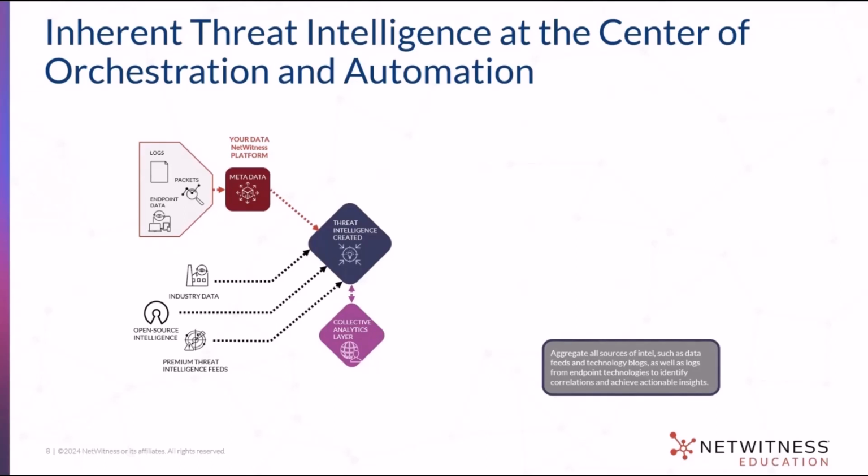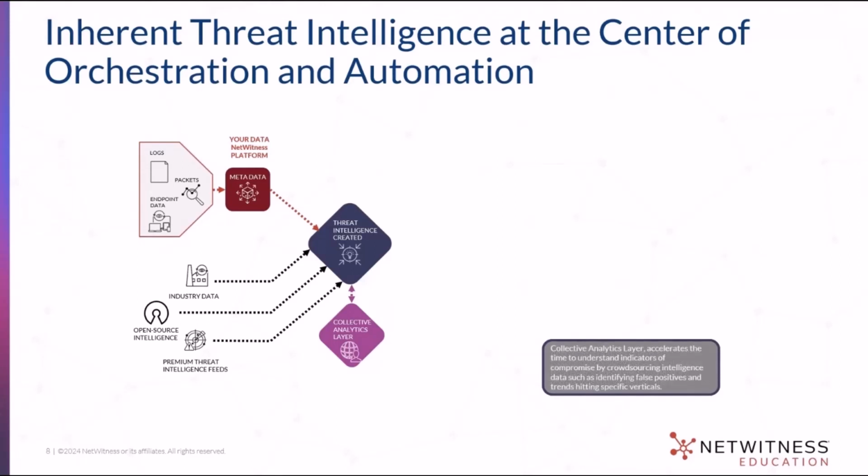and then Orchestrator starts its path. And as we have said, Orchestrator integrates with many solutions, it can also collect data, as an example, industry data, open source intelligence, and premium threat intelligence feeds. After collecting all that data, then comes the CAL, the collective analytics layer.